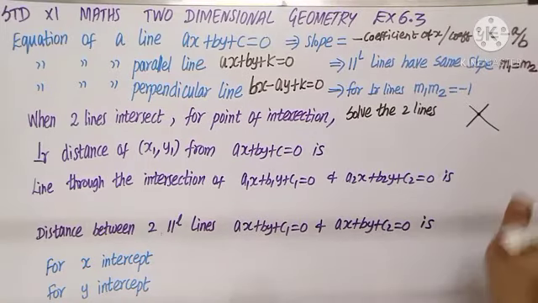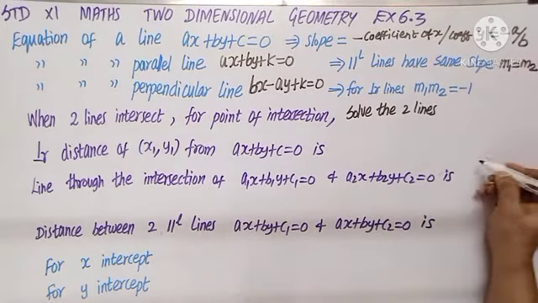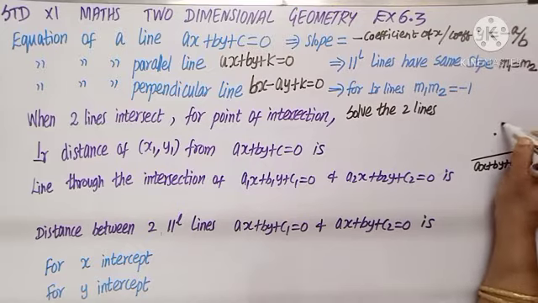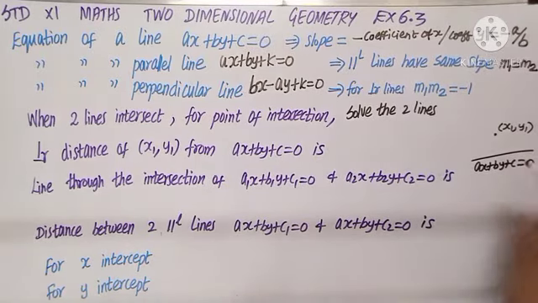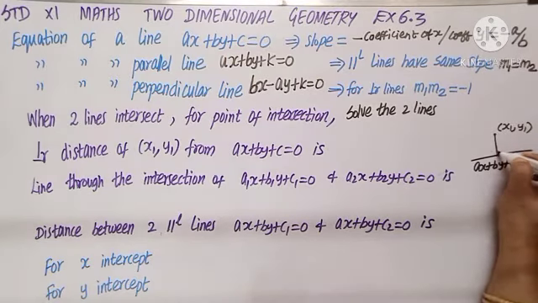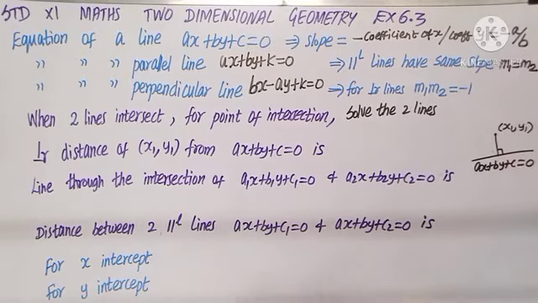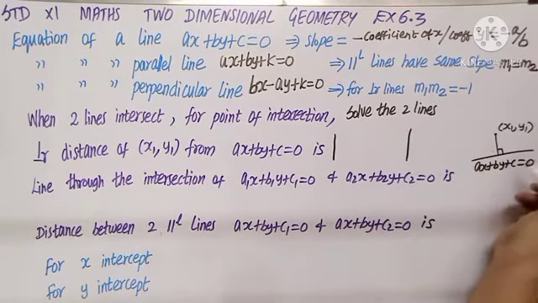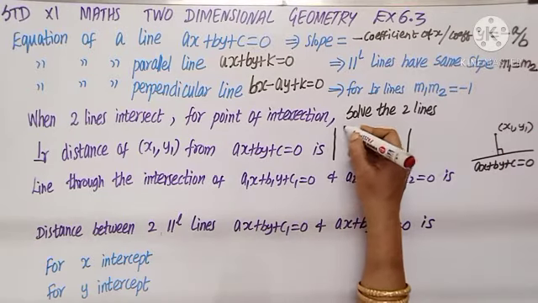Now, there is a line and there is a point. The line is ax plus by plus c equal to 0 and the point is x1, y1. I am dropping a perpendicular. How to find the length of this perpendicular? We have the formula. See, the point can be above the line or below the line, so put modulus.